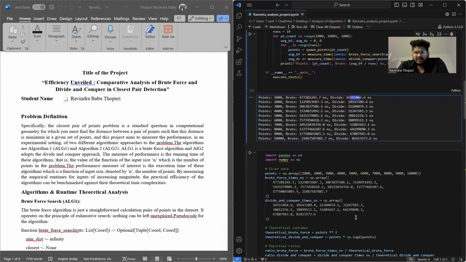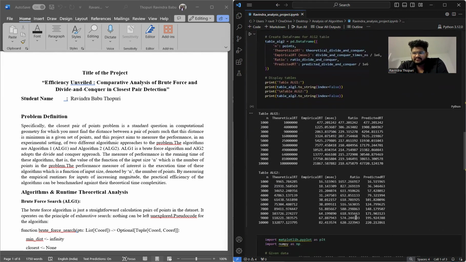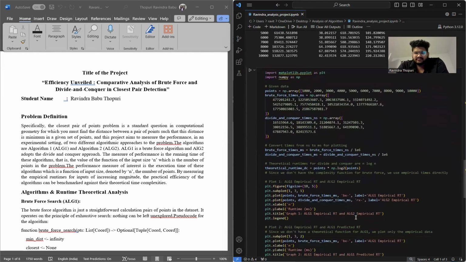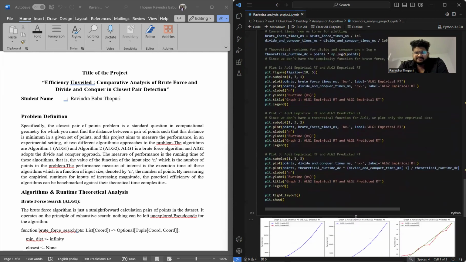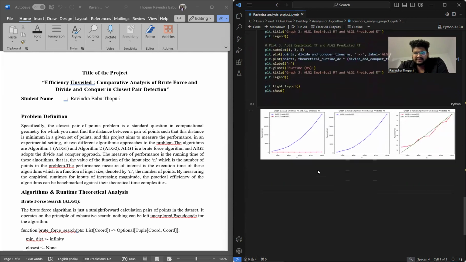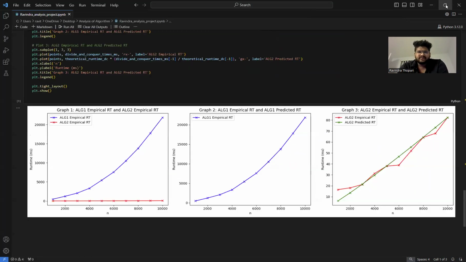After this we have plotted the graphs, which show a clear picture. Now here we can see graph one. Let me zoom it up. Here you can see graph one showing algorithm one's runtime skyrocketing compared to algorithm two's much gentler slope.